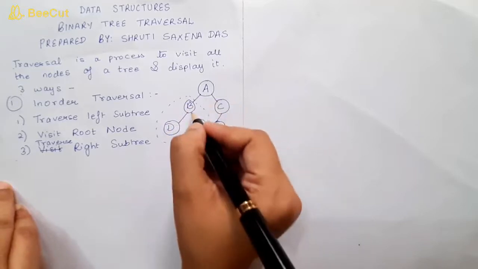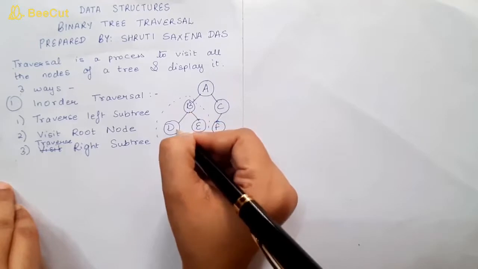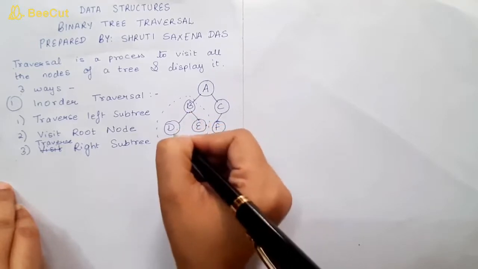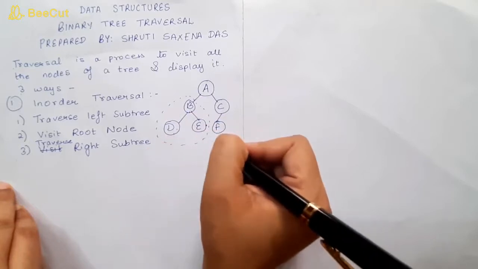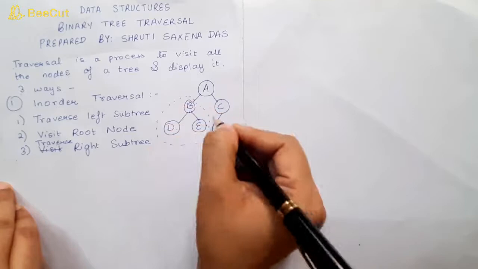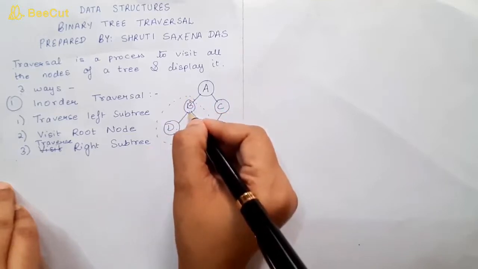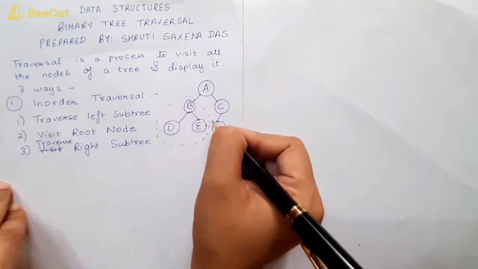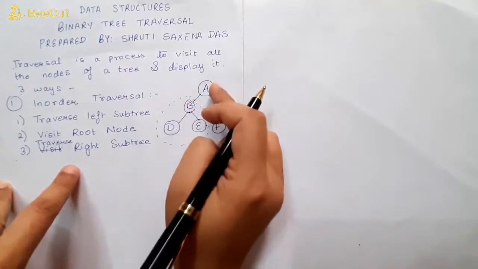Here the root is B. For B, the left child is D and the right child is E. For D and E we do not have any further children. So B is the root for this subtree, D is the left child, E is the right child. We start with traversing the left subtree of A.